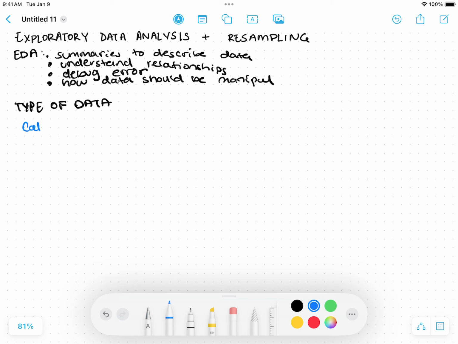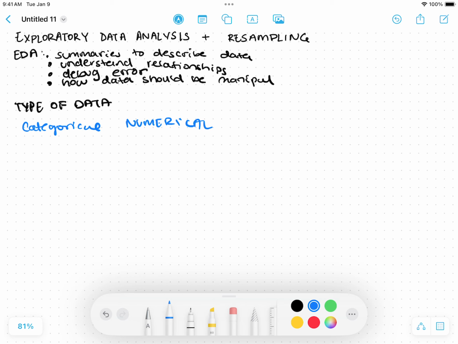So I'm going to write that here, categorical. If it can be divided into categories further, if it can be ordered, then it's ordinal. If not, then it's nominal. Or the data can be numerical, right? So it can be discrete, interval, continuous, ratio, etc.